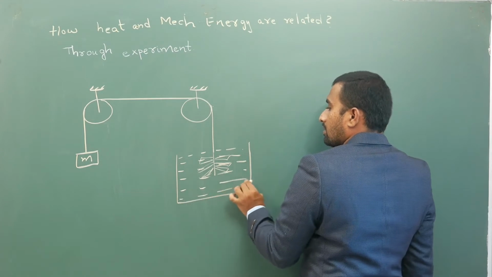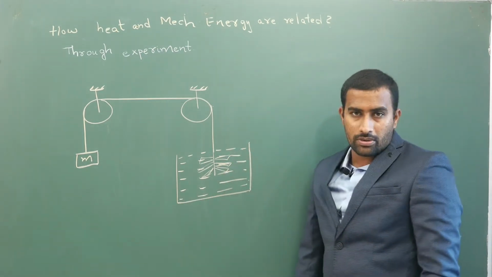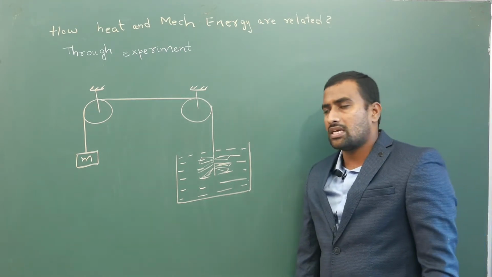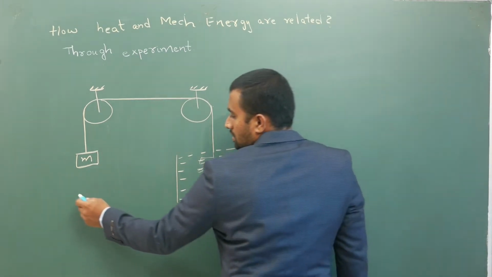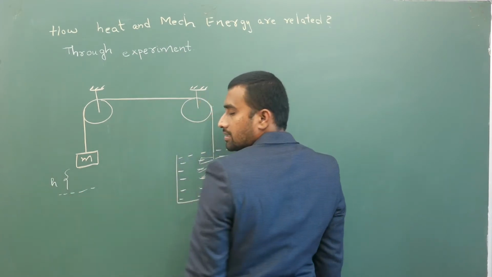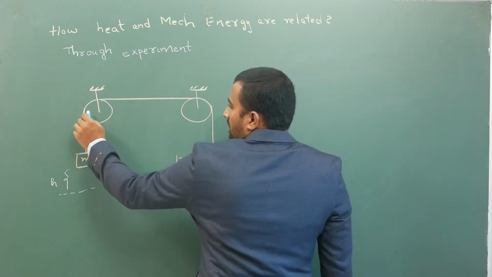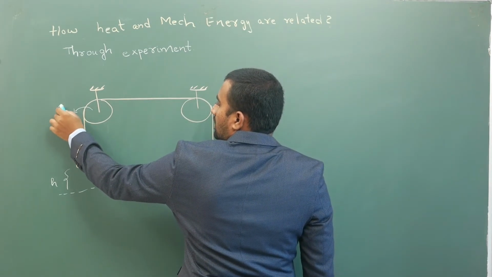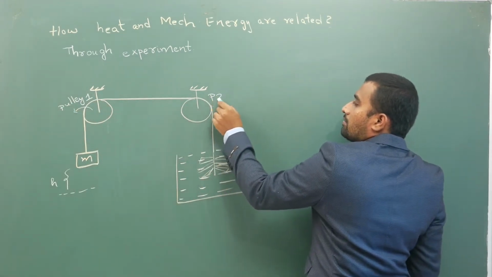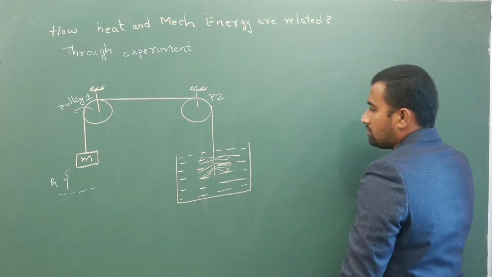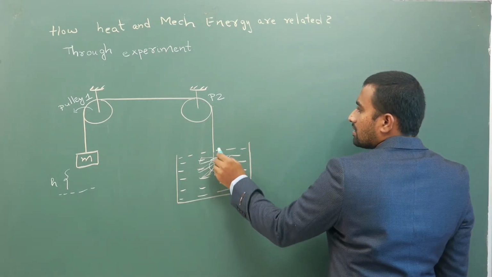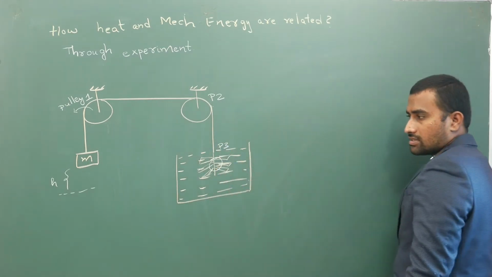Now, if you look at this experiment, if there is no heat energy loss, and this drops down by h height, let us say it is pulley P1, let us say it is pulley P2, and let us say there is a pulley arrangement here, with 3 pulleys like this.